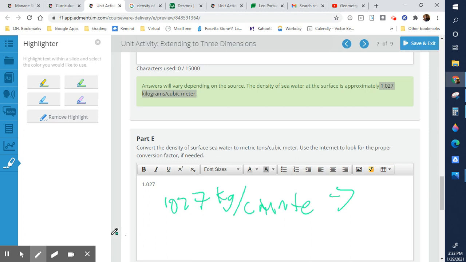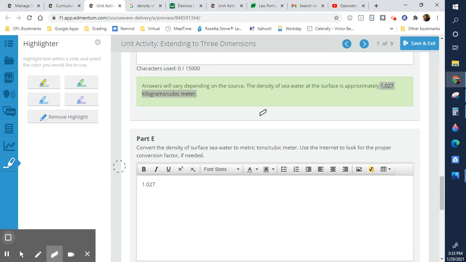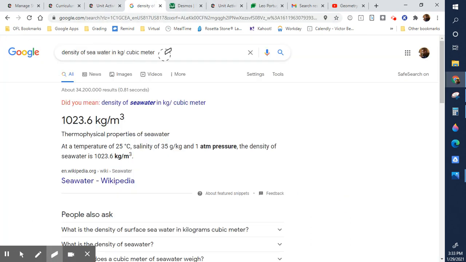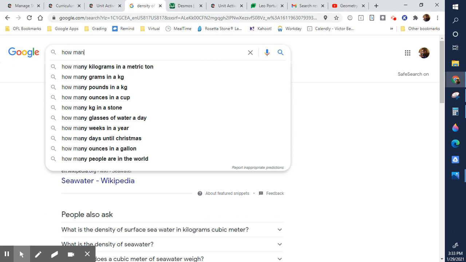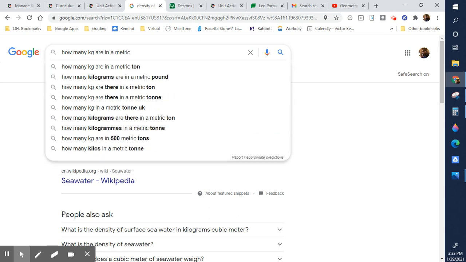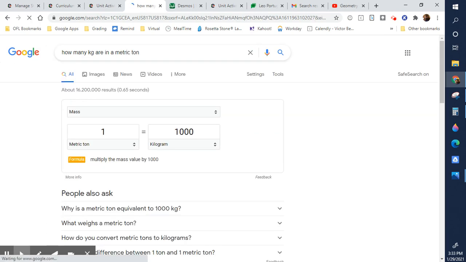So we're going to Google how to turn kilograms into metric tons. How many kilograms are in a metric ton? So 1 metric ton equals 1,000 kilograms.